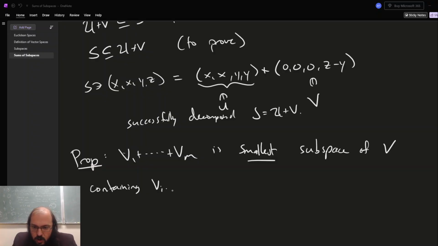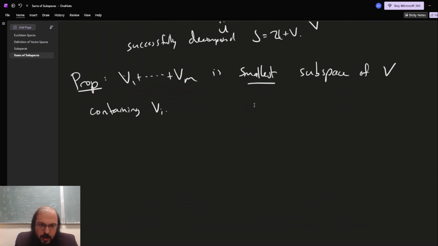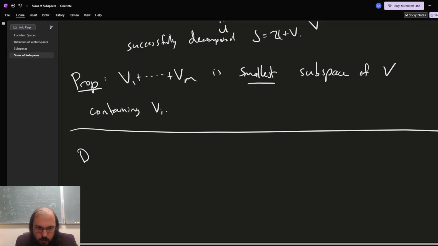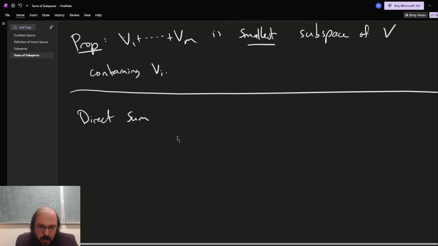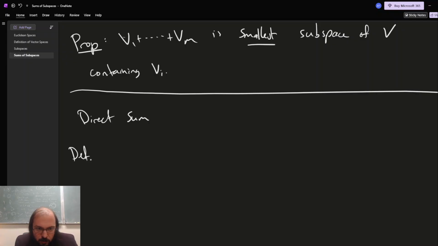What I want to do is turn our attention to the direct sum. Direct sum is a refinement of the sum, which we are often grateful to see. In particular, our definition of direct sum is as follows.